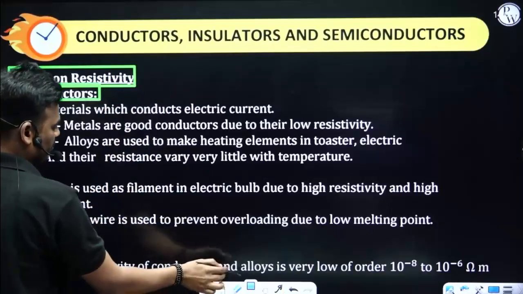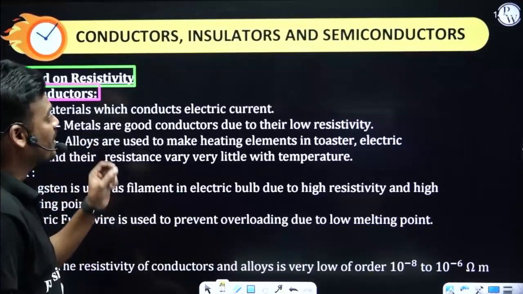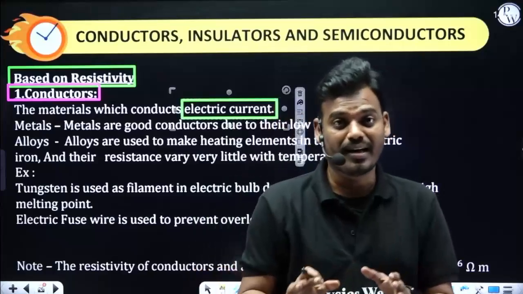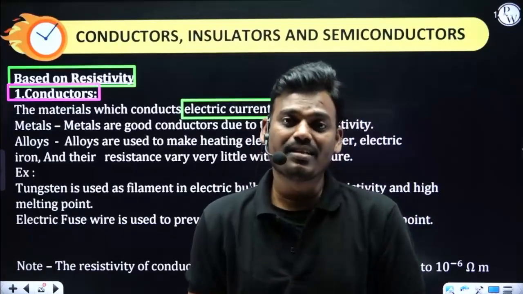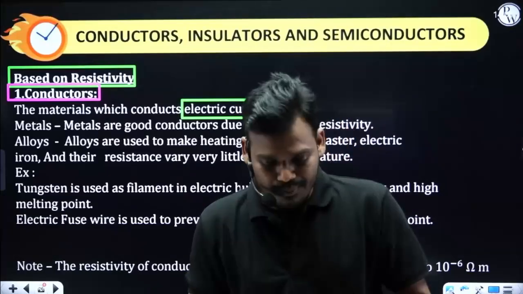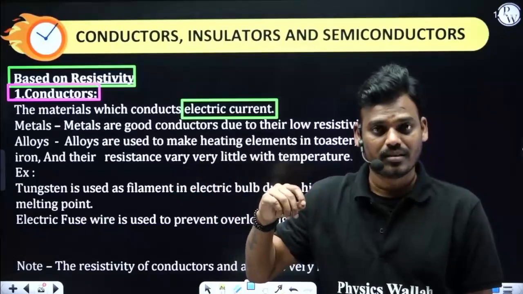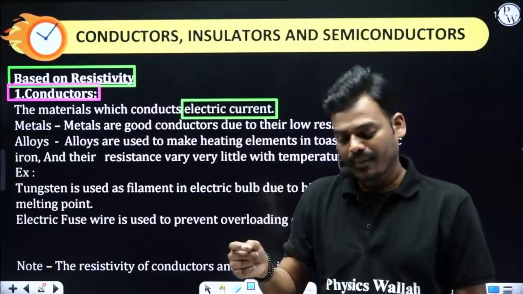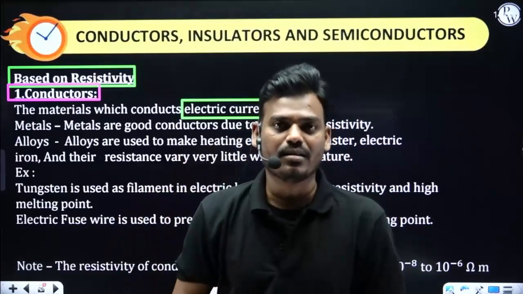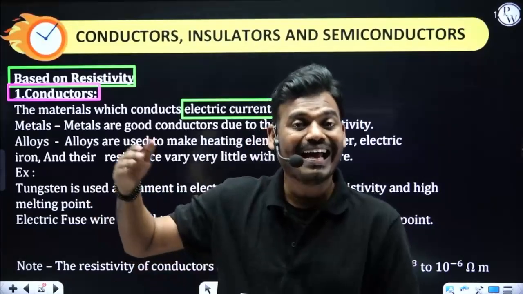What are conductors? The materials which conduct electric current we can call conductors. For example, if I consider iron, aluminum, copper, or any metal, it will conduct electric current.